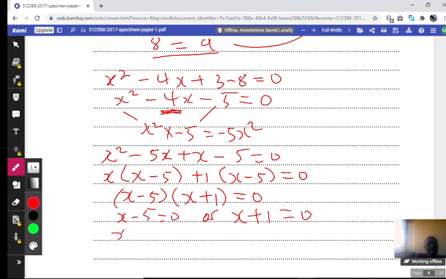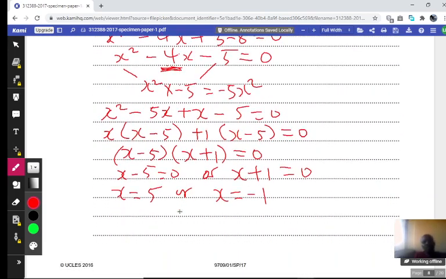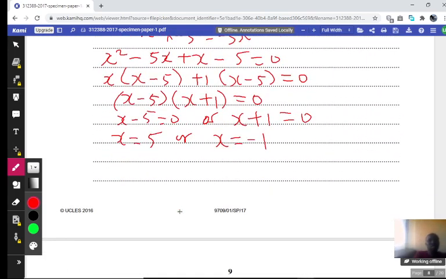So it's either x is equal to 5 or x is equal to minus 1. So based on this, because we are given that one of the x coordinates is minus 1, the other one is obviously 5. Then you are done. So that's how you work this one out.